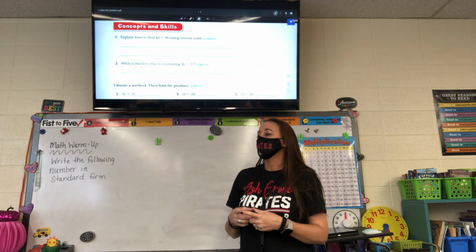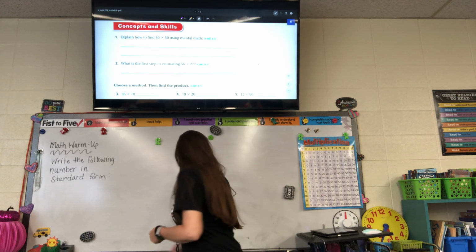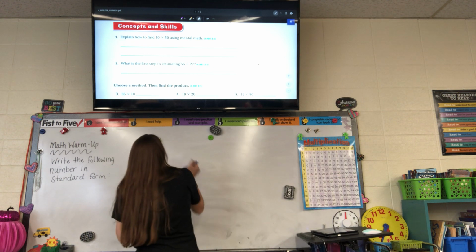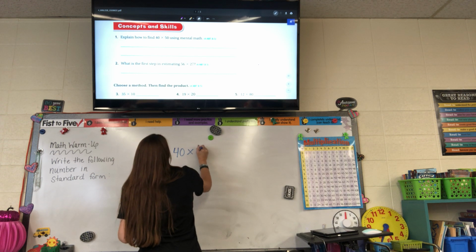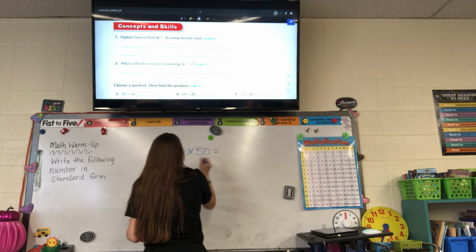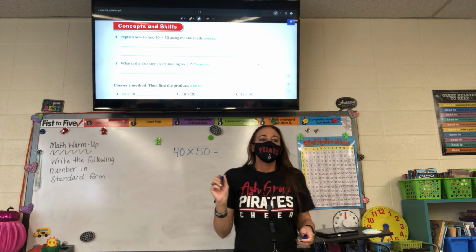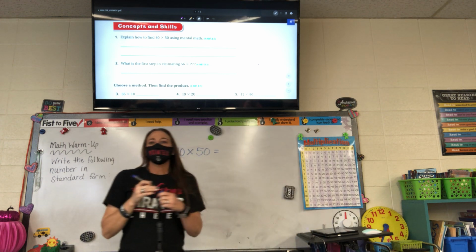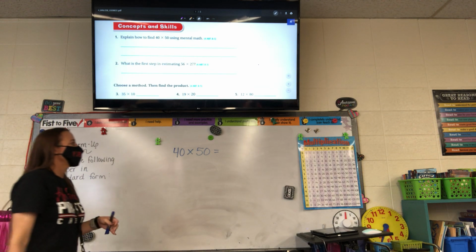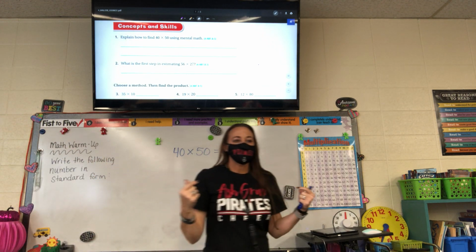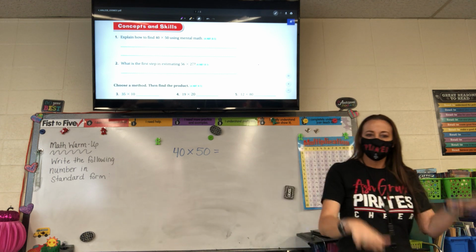Don't get caught up with the mental math part. So when you see this problem, and don't blurt out the answer, because this is a graded assignment. When you look at this problem, in your head, put your hand down. What is the first thing that you think that you need to do? No, don't raise your hands.